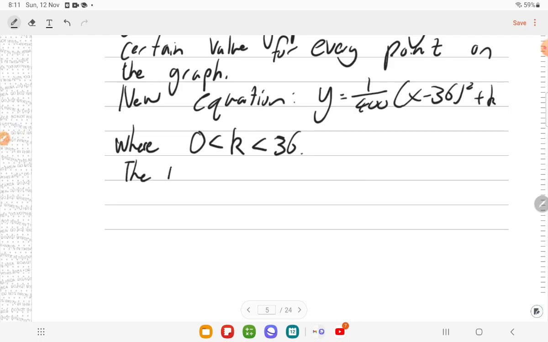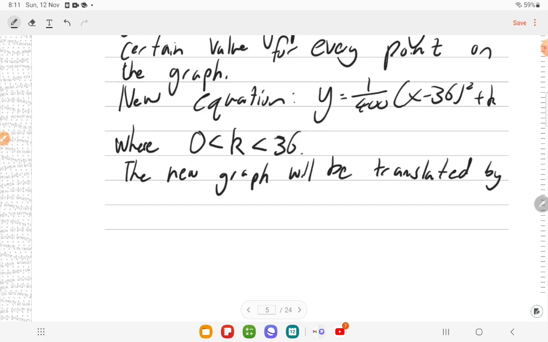The new graph will be translated down by 36 take away k.